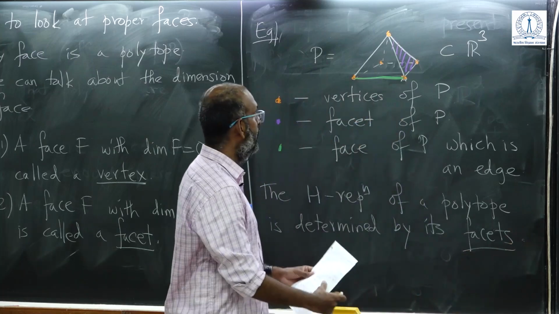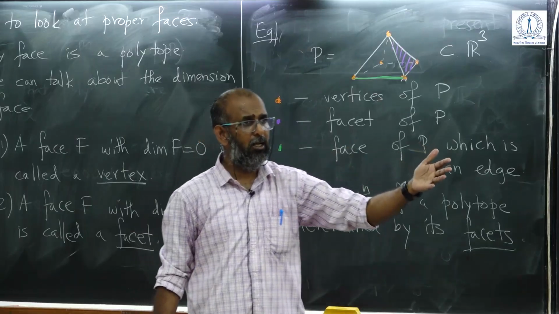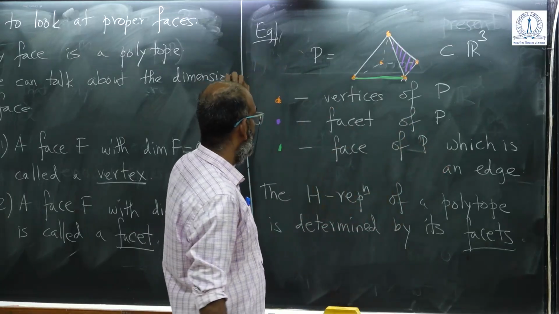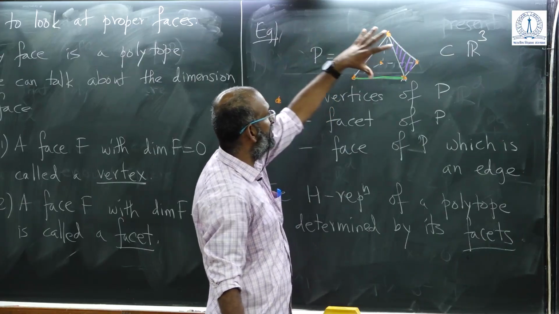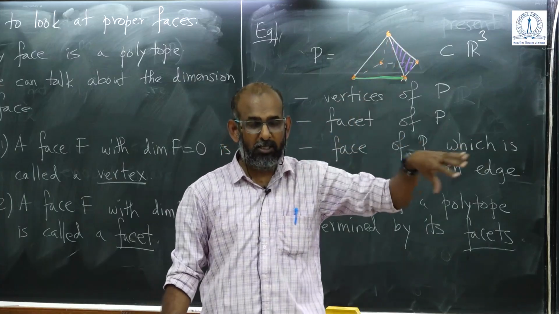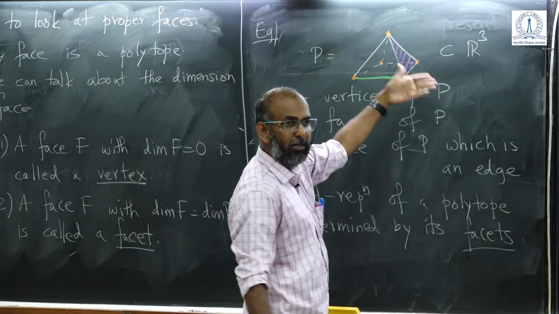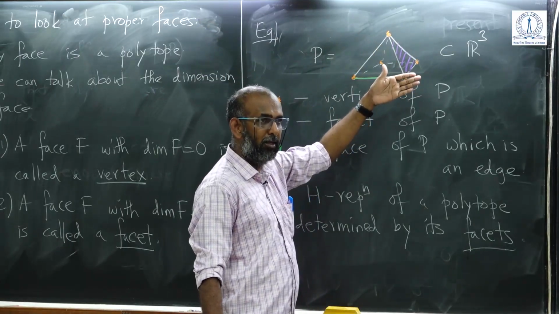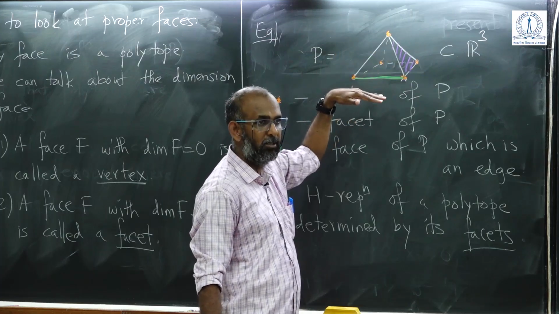Okay, so each facet is the maximal thing. If the polytope has the same dimension as the ambient space, then hyperplanes determine the facets, right? So they will give you the H representation.